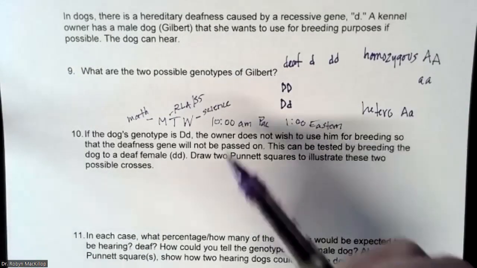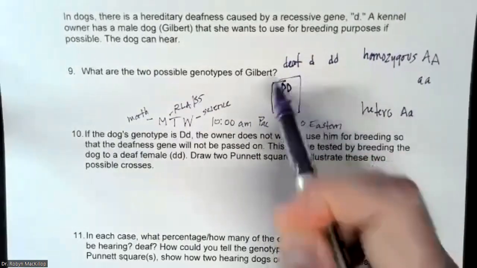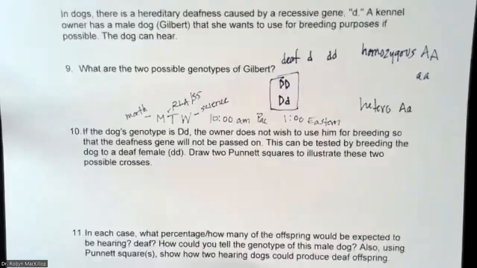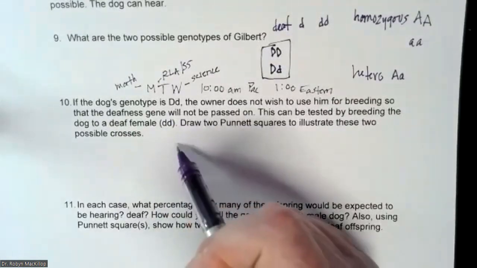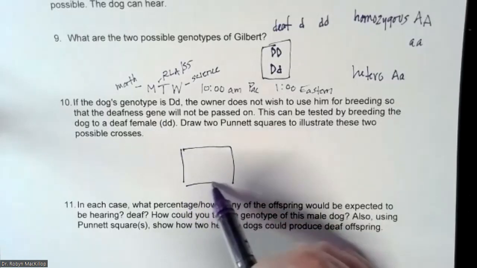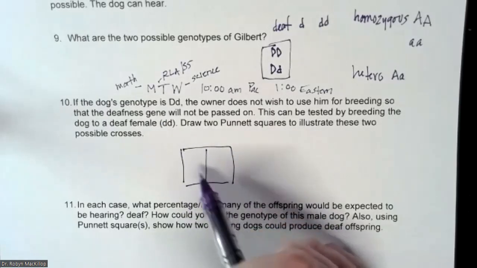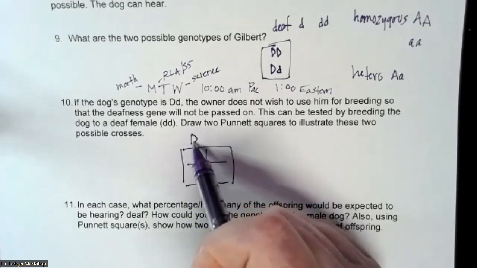So these would be the two possible genotypes for Gilbert, because he can hear. So if he is big D, little d, and you'll get questions like this where you have to create the Punnett square, but at least they give you the information.